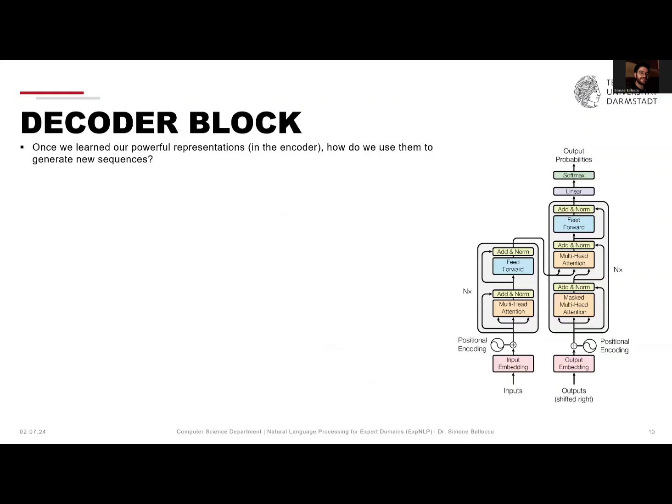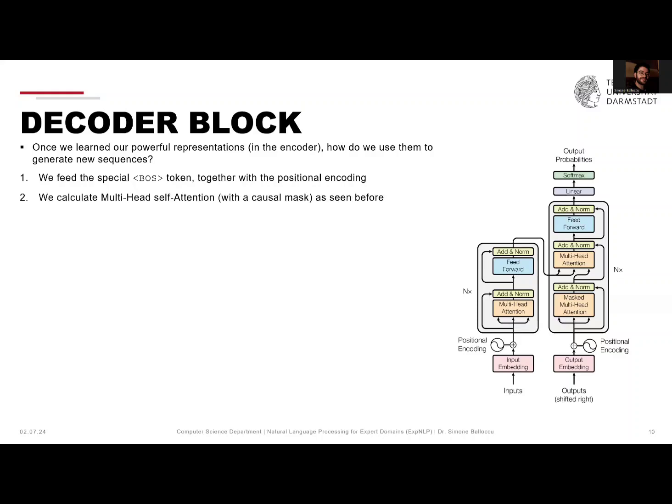Now, let's dive a bit deeper into the decoder block. So let's say we learn our very powerful representation in the encoder, okay? How do we use it to generate new sequences? Where does the decoder block, which is this guy here, come into play? First of all, we start from the usual beginning of sentence token, which is fed to the decoder with the positional encoding.